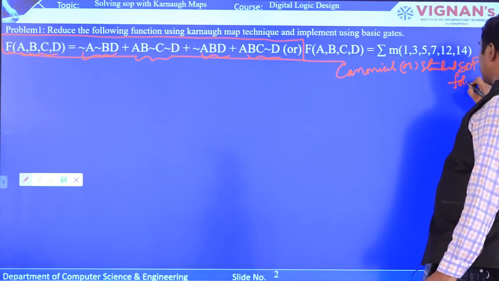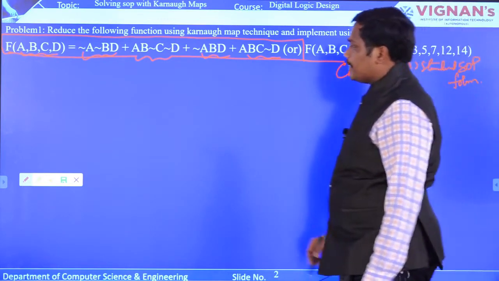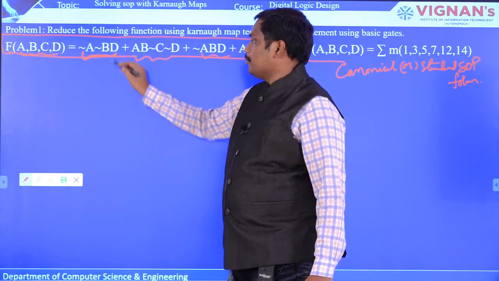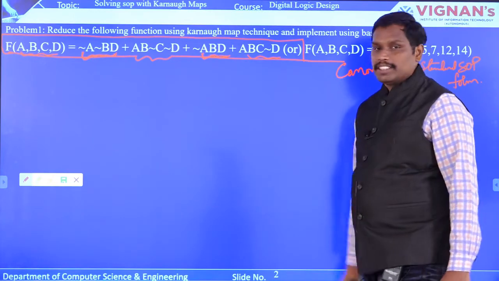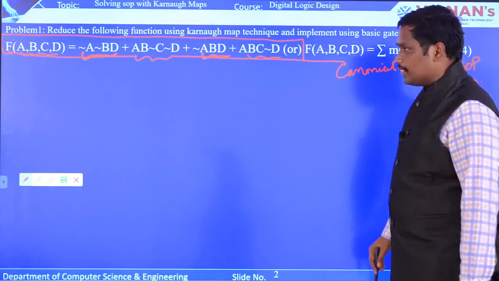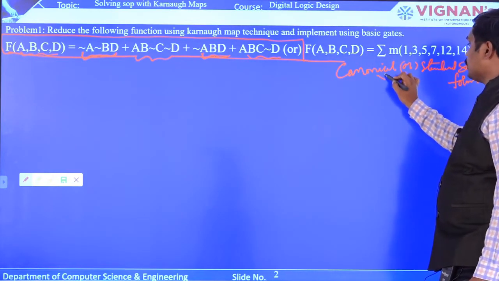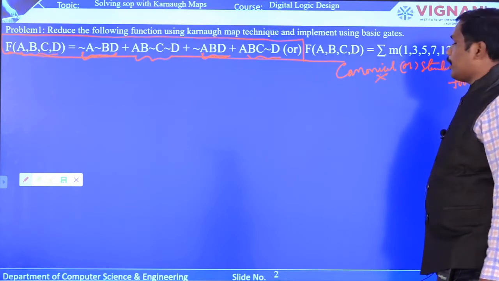Because you can see in this particular min term, C is missing. In the same way, in this particular min term, C is missing. So that is the reason why we say that this is not a canonical or standard form.